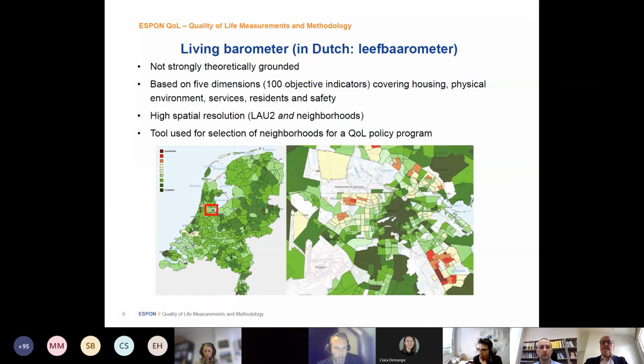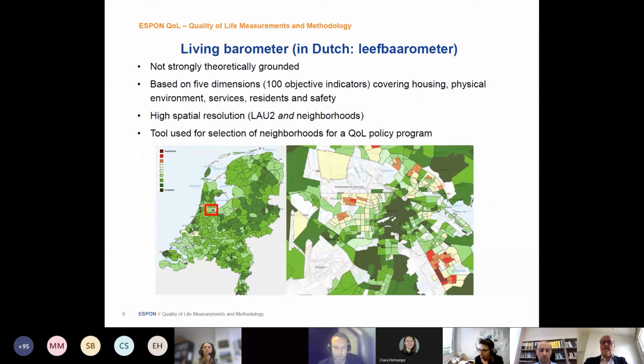So the second one is the living barometer, as they call it. So it's not very strongly theoretically grounded. Basically, indicator selection proceeds mostly on practical reasons. The availability of data is actually leading. So you do use quite a lot of indicators, 100 objective indicators, so no subjective ones. And they cover these 5 domains of housing, physical environment, services, residence, and safety.